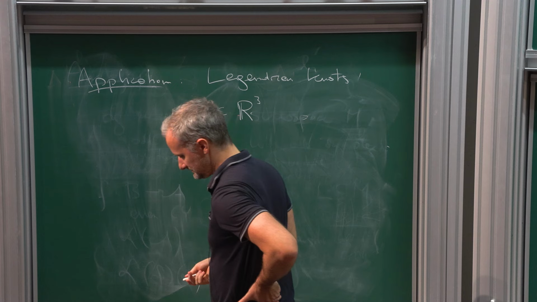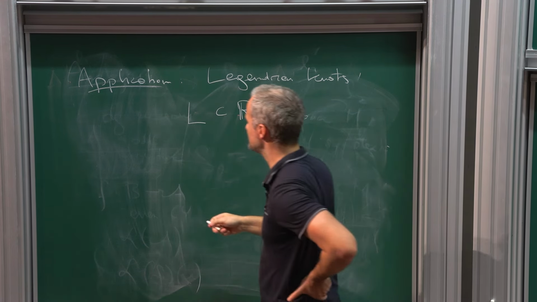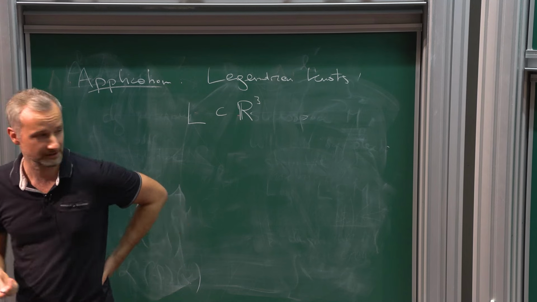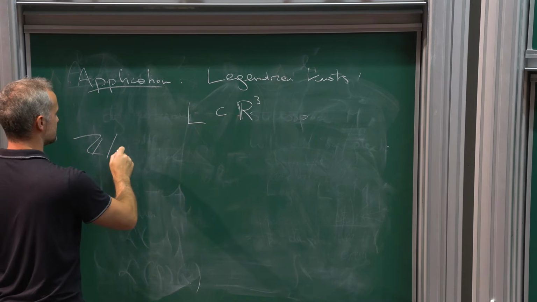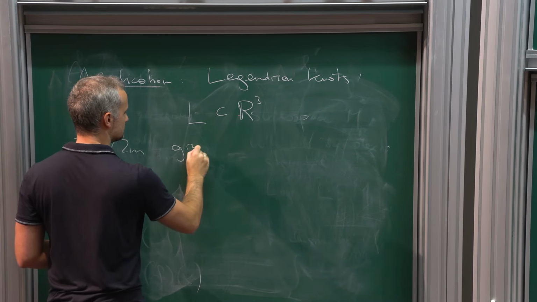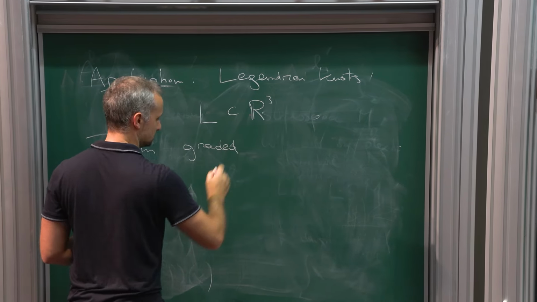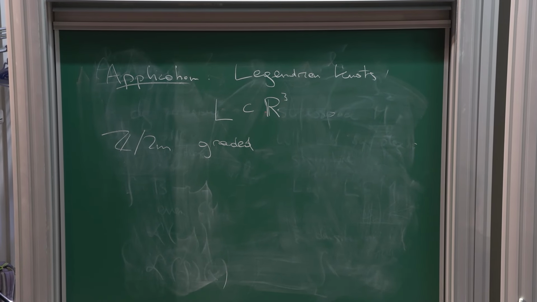Then you want to enhance it a little bit by some kind of grading structure, like you do for objects in the Fukaya category. So you can talk about Z/m or C/m gradings, which means the total winding number.